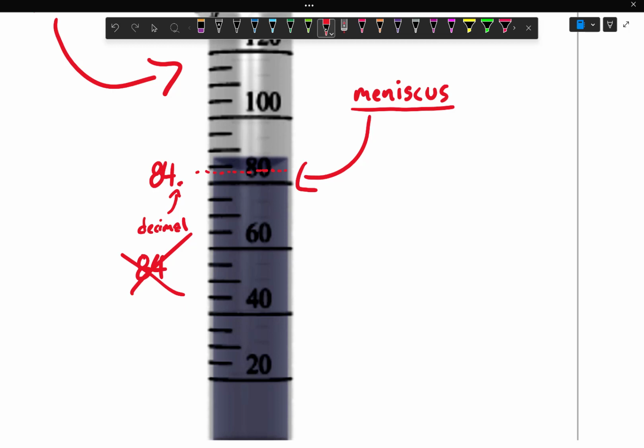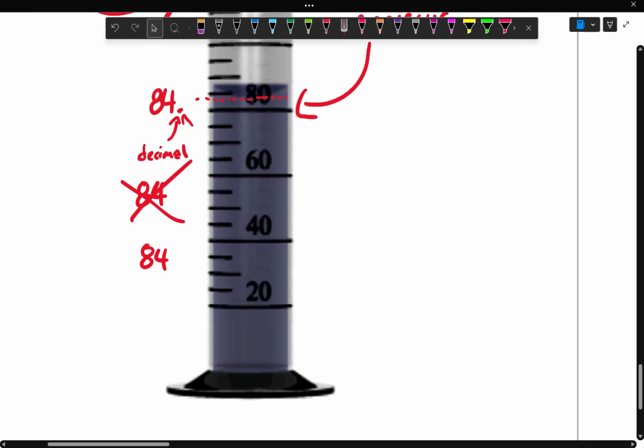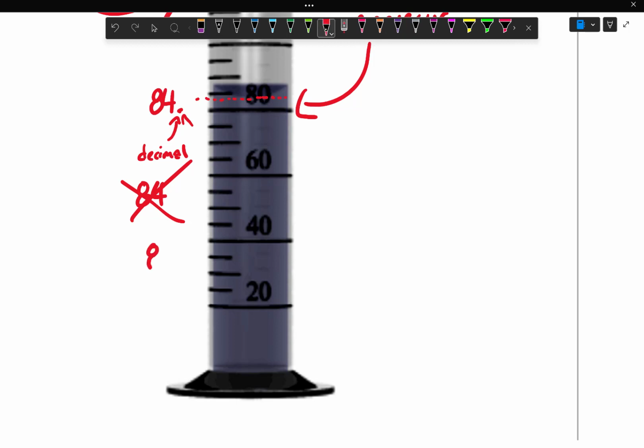The dot here sets in stone your sig figs. You have 2 sig figs, right? Yes, 84 in and of itself is a 2 sig fig number. However, if instead of 84 you had 80 without a decimal place, well, now we have 1 sig fig.